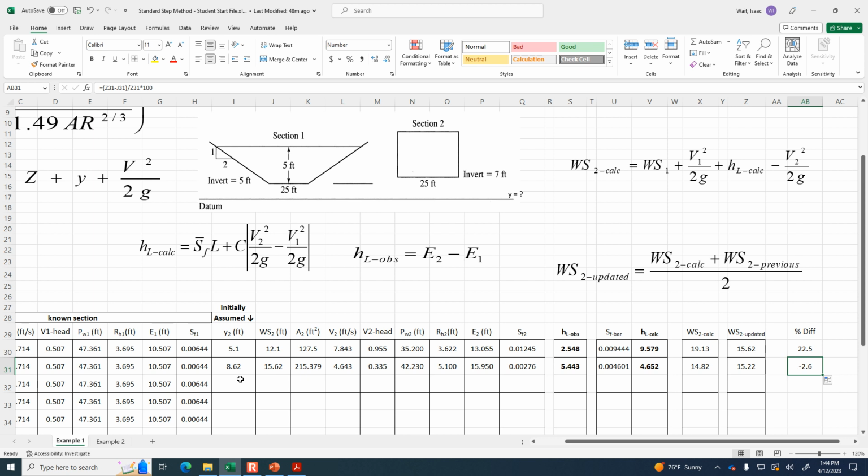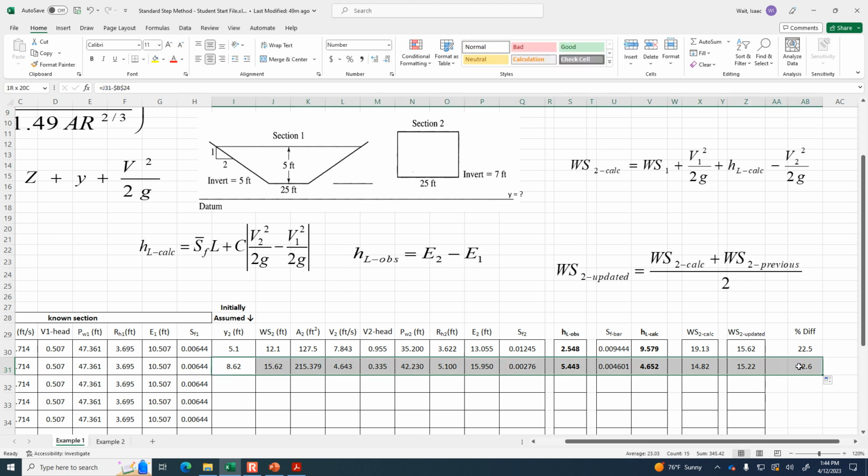That doesn't mean anything bad. So what we can do is select all of it now, the entire row, because really the main thing that should be changing is referring to the previous updated water surface depth for the next row. So if I drag this down, then instead of looking here at the next one, it's going to be looking at this one, that's what I want it to do.